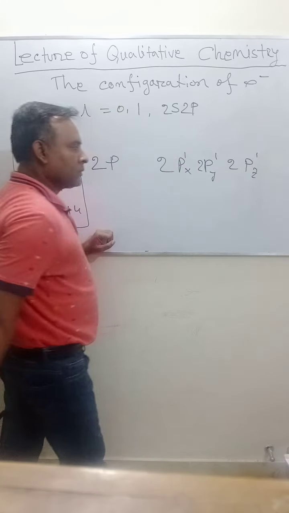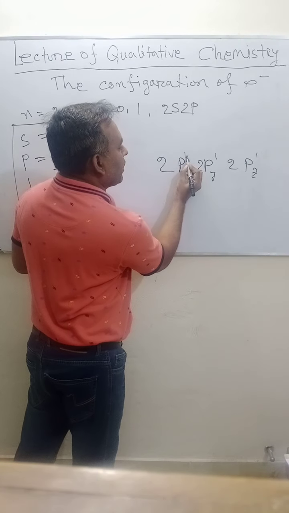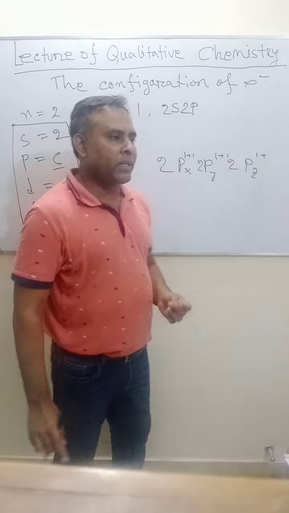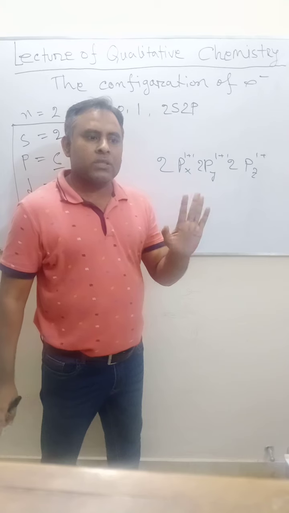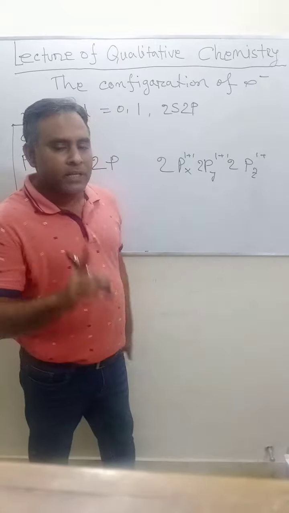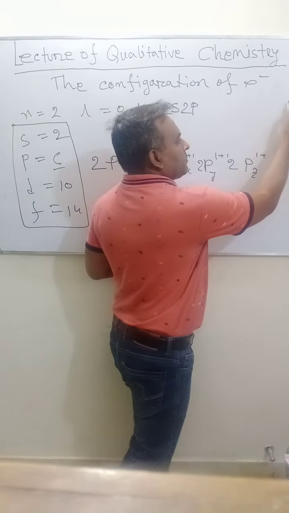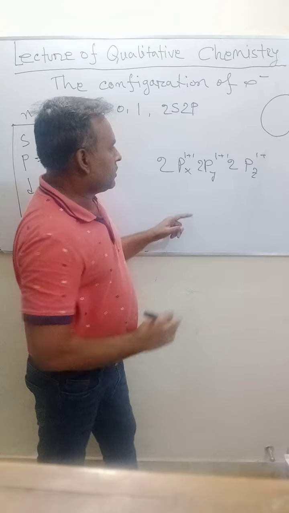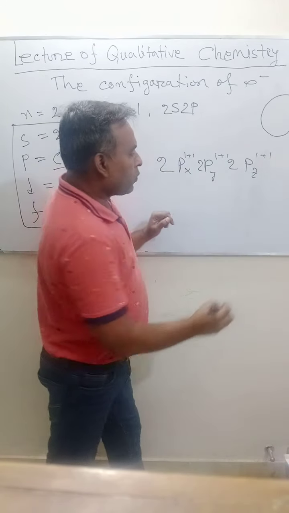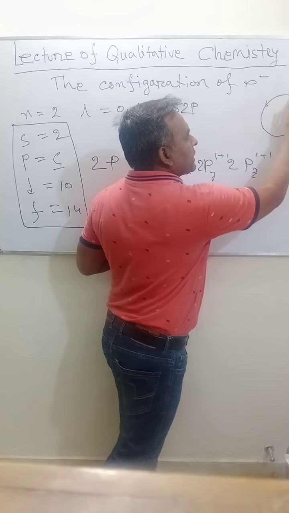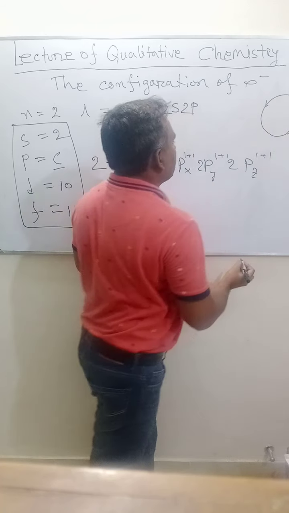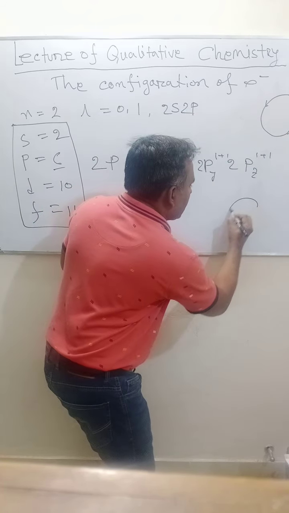According to Hund's rule, when you have to configure the electrons, first put 1, 1, 1, then another 1, then another 1. Because you know there are four quantum numbers, and the last one is the spin quantum number. In an orbital, there can be a maximum of 2 electrons: one electron is clockwise and one is anti-clockwise.